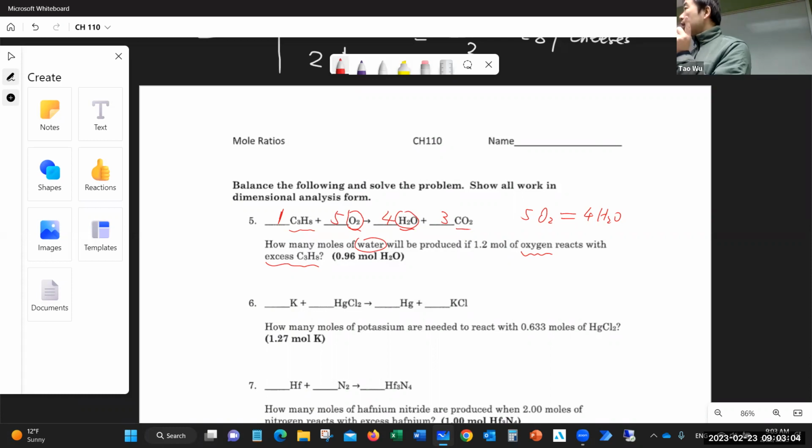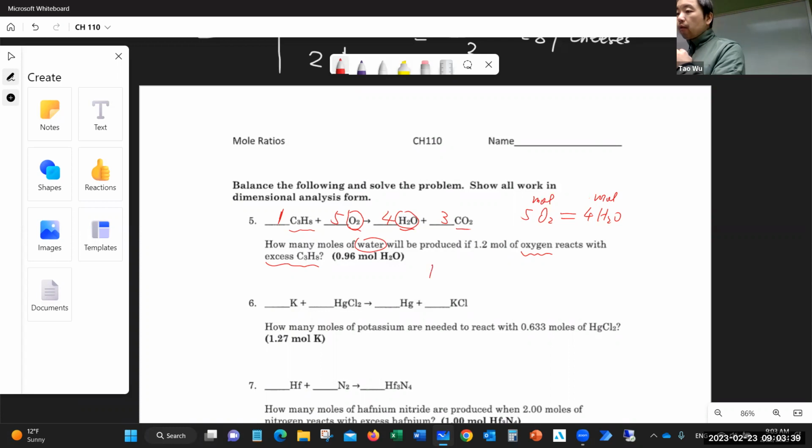You can also think of this as mole ratios, which means 1 mole of propane reacts with 5 moles of oxygen to form 4 moles of water and 3 moles of CO2. So if we use up 5 moles of oxygen, we're going to generate 4 moles of water. Okay, so this is the relationship.